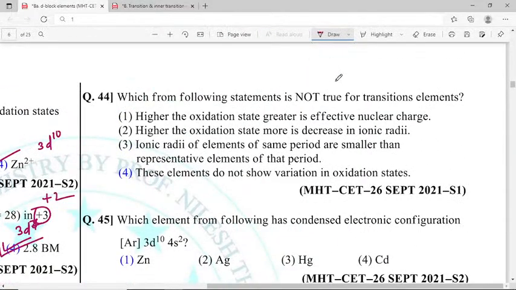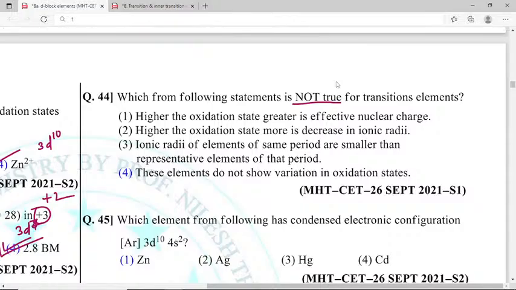Which of the following statements is not true for transition elements? Higher the oxidation state, greater is the effective nuclear charge. This is correct. Higher the oxidation state, more is the decrease in ionic radii.